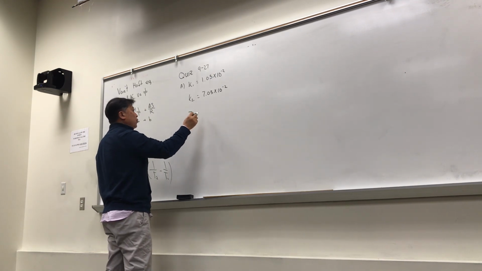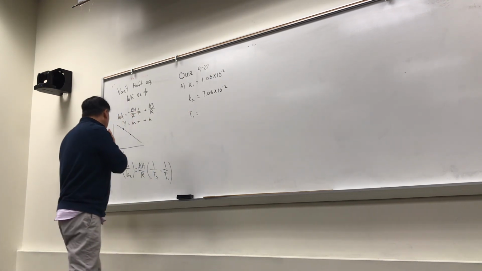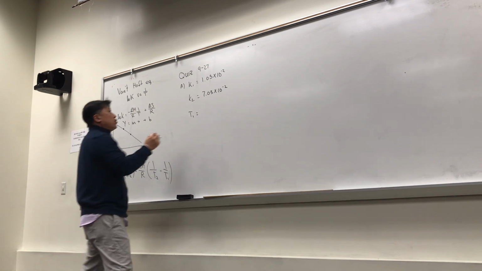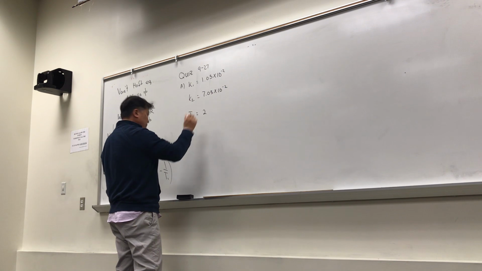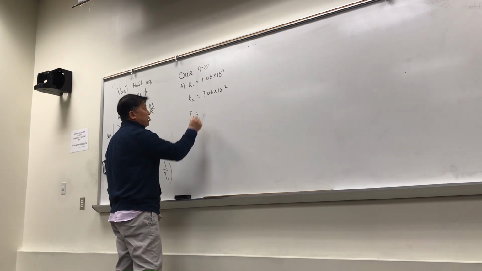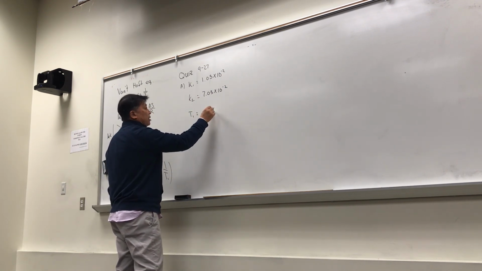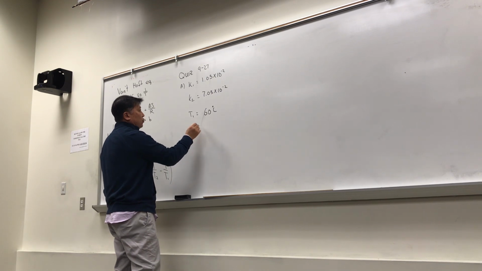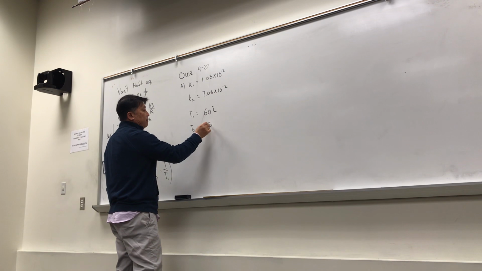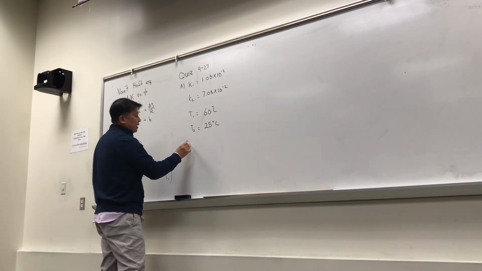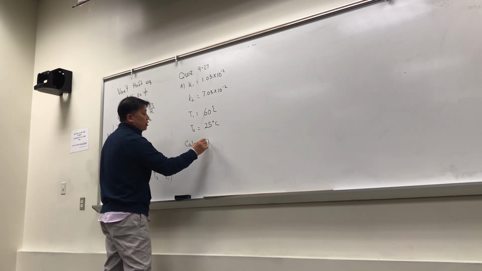T1 is equal to, so this is the high temperature, 60 Celsius. T2 is equal to 25 Celsius. Calculate delta H.